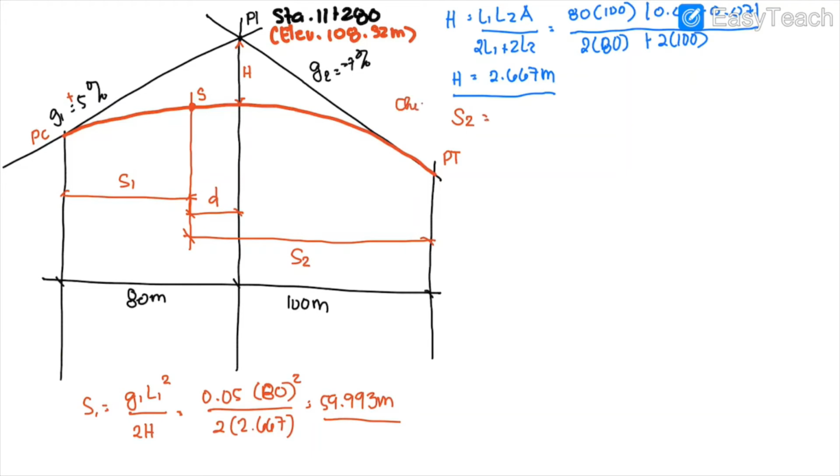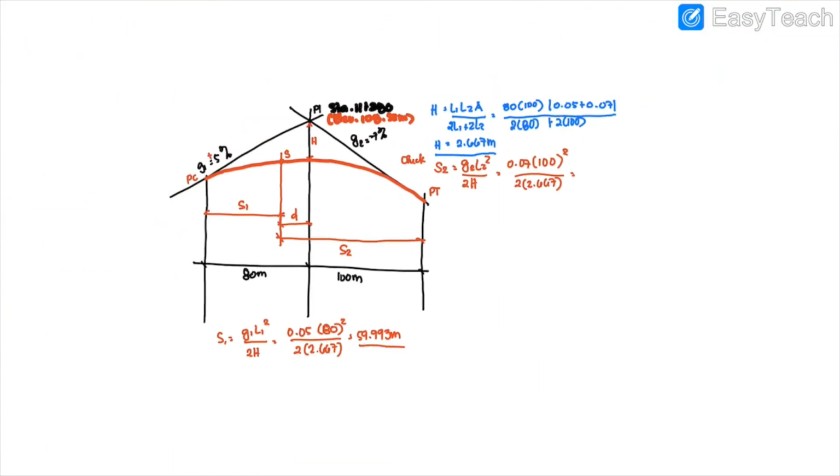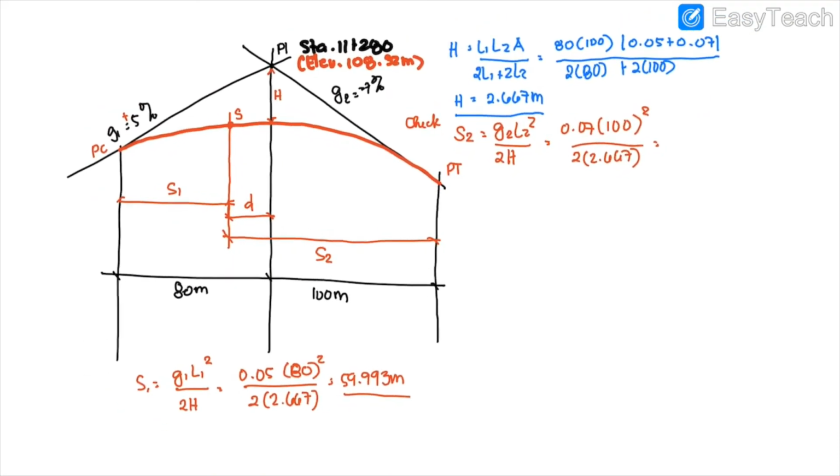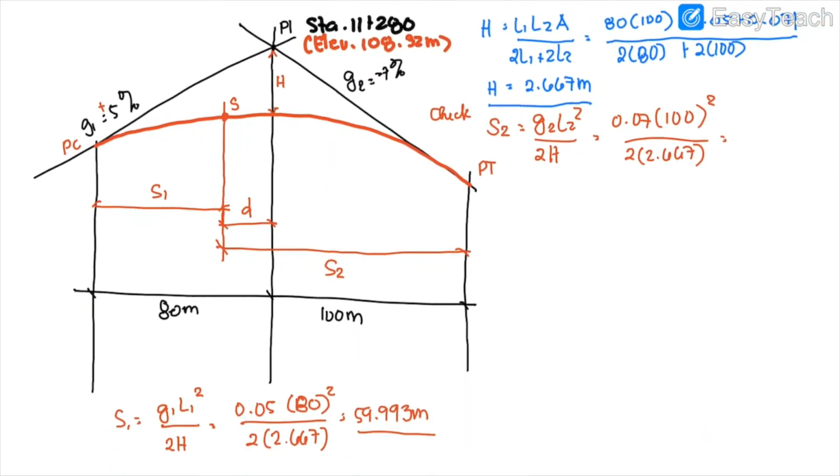So check S2, which is G2 L2 squared over 2H. That is 0.07. Disregard the sign, that is only for the direction of the subgrade, squared all over 2 times 2.667 gives us S2 of 131.2335 meters.